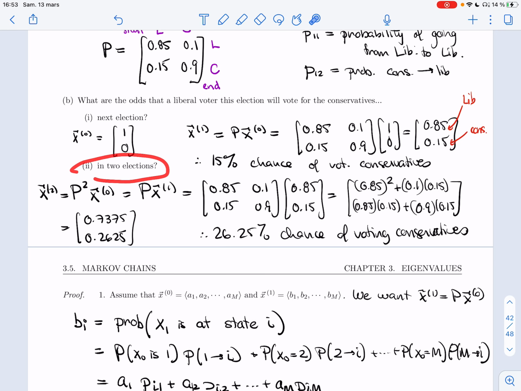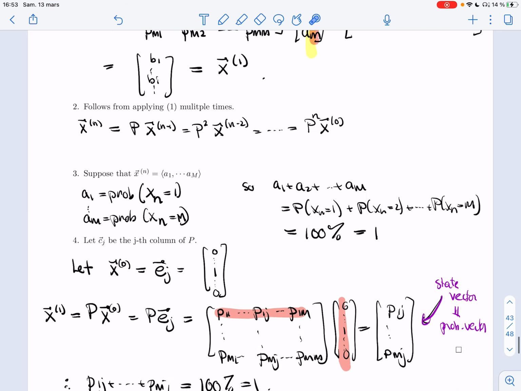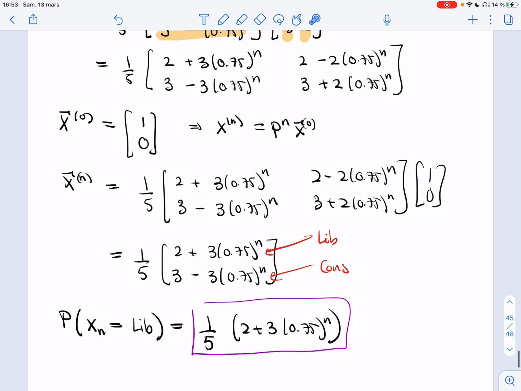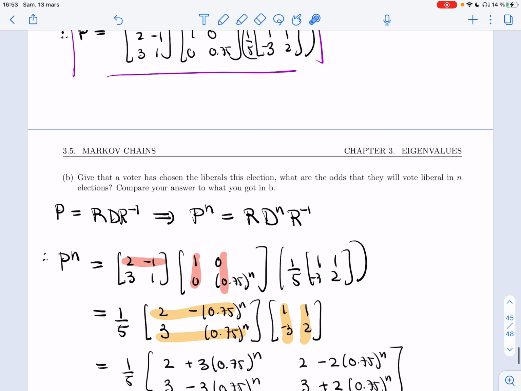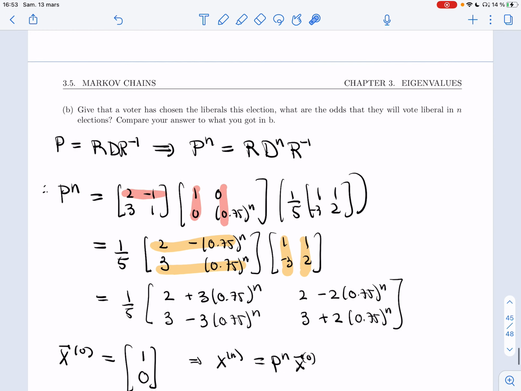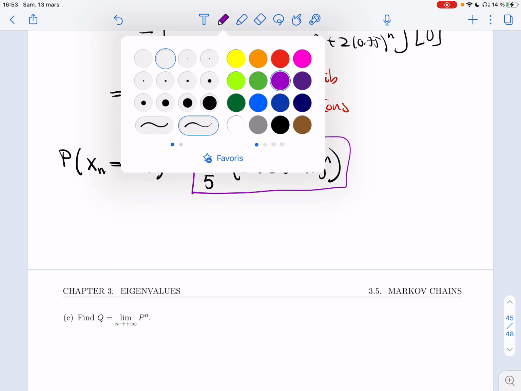Let's do 2 elections. So I want to plug in n equals 2. No, I'm going to plug in n equals 2.